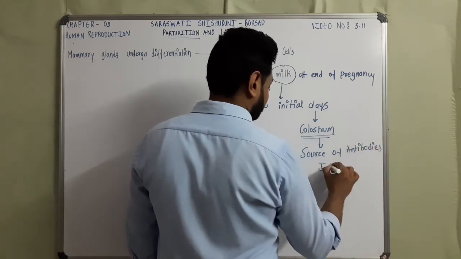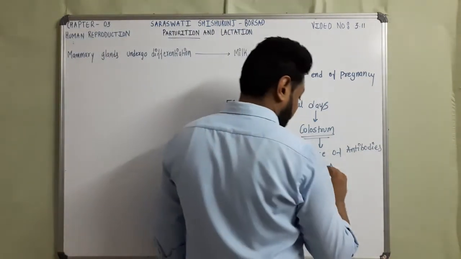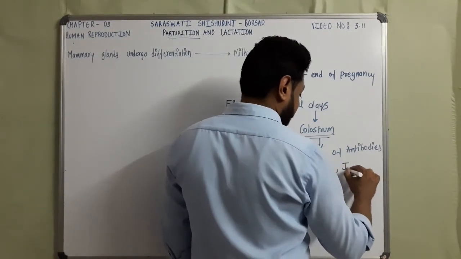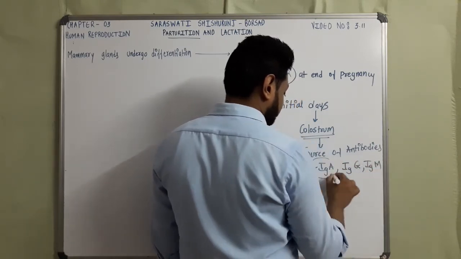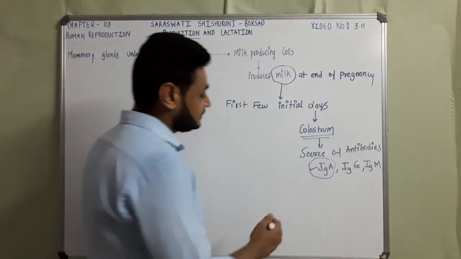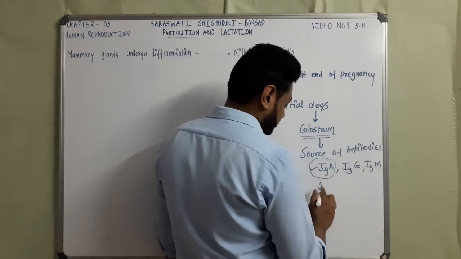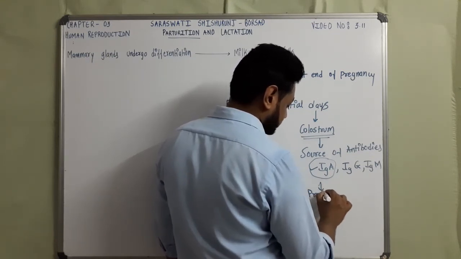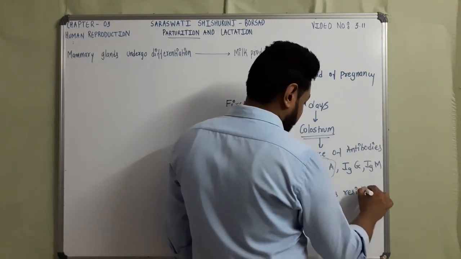There are several others, IgM and IgG, but the primary one is IgA, then IgG, IgM. Which one is more important? You have to remember IgA. These antibodies produce resistance in the newborn against many pathogens as well as diseases.